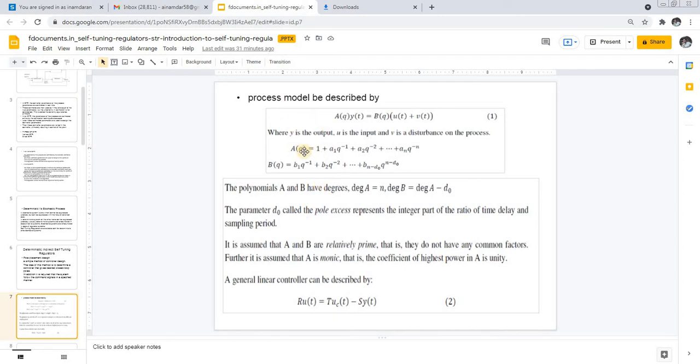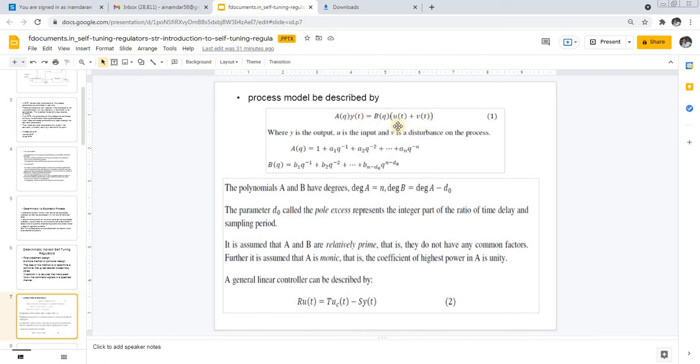The process model is a SISO system, single input single output. It is given by A(q) y(t) = B(q) u(t) + v(t), where y(t) is the output, u is the input, and v is the disturbance of the process.